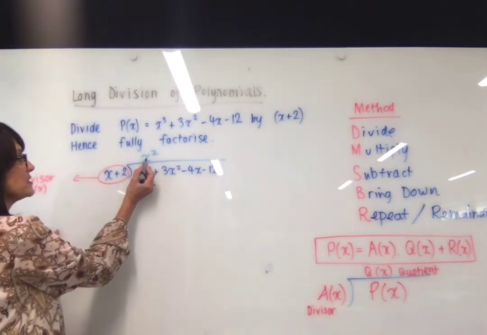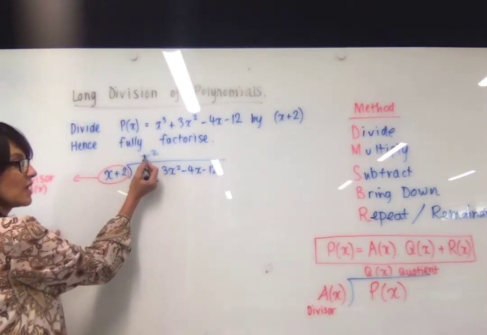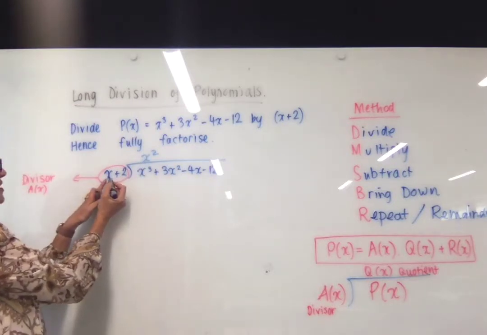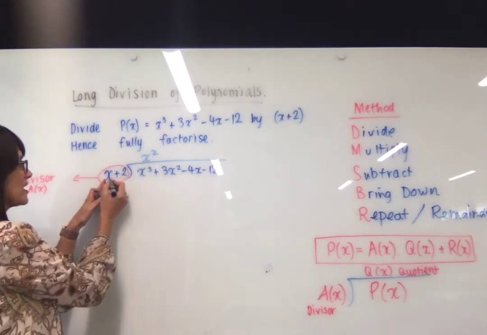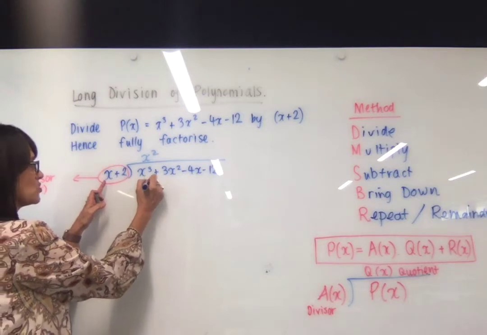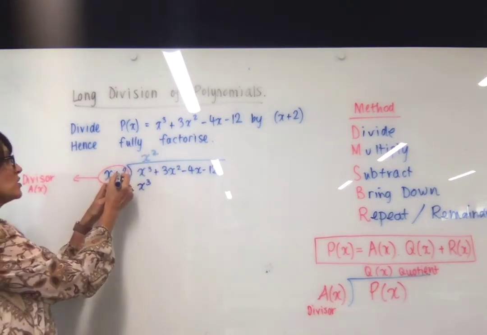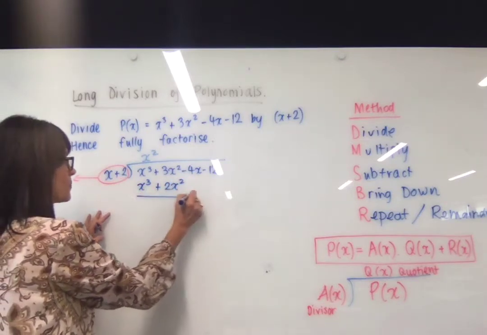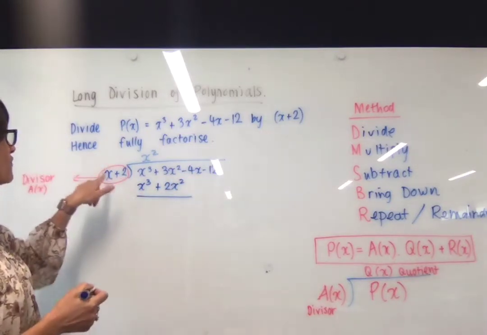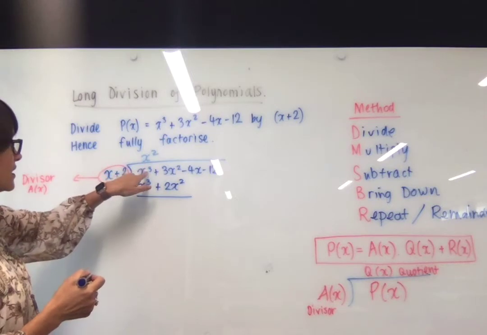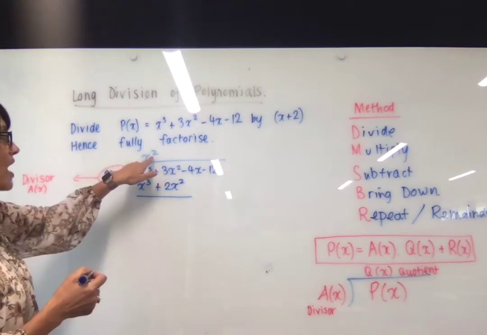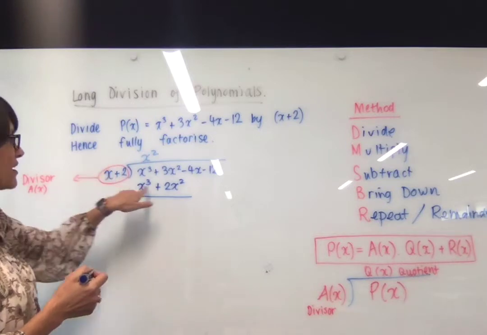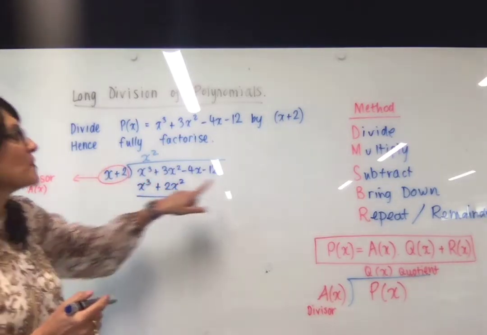So I'm going to take this x squared, this quotient that we achieved, and multiply it by our divisor x plus 2. So x squared times x is x cubed, and x squared times 2 is 2x squared. Okay, so I've divided this by this term and put the result here. Then I've multiplied that by that and put the result in here.